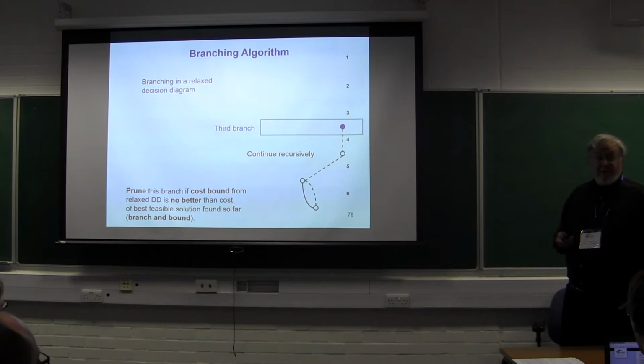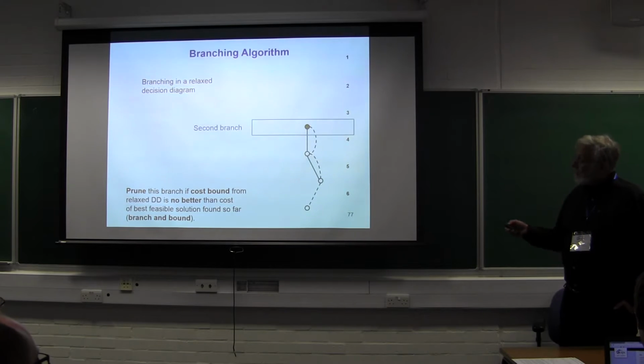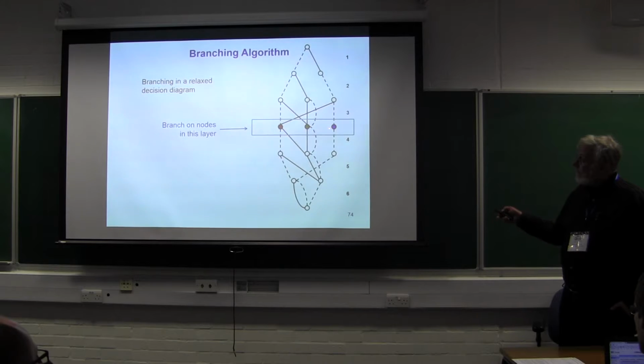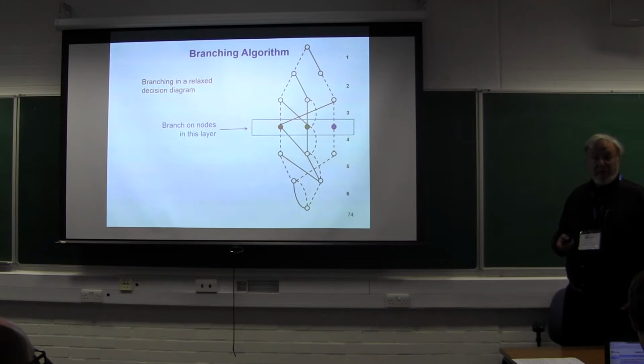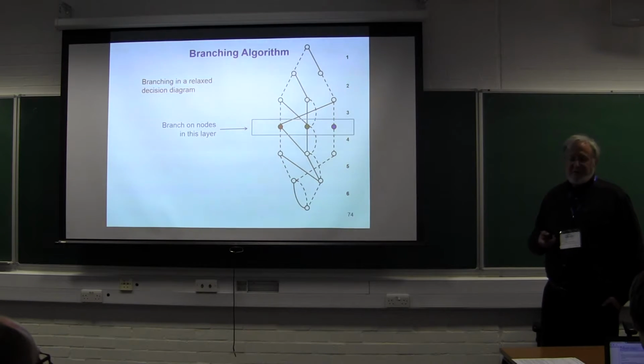It's quite a bit different than most branching strategies, which branch on values of a variable. We're not branching on values of a variable anymore. We're branching on nodes in this relaxed decision diagram. It's a very different approach, and it has the advantage, I think. So this decision diagram has removed a lot of redundancy in the problem.